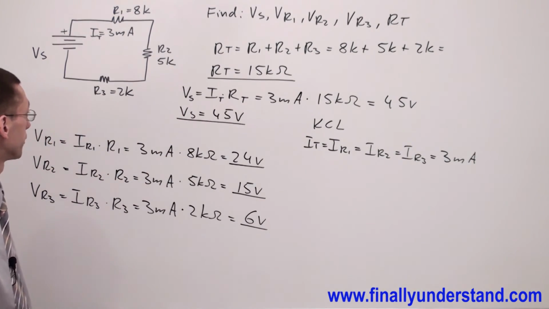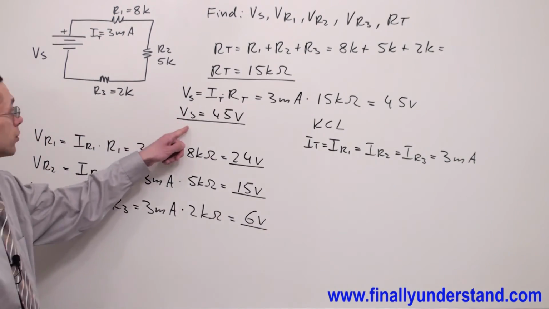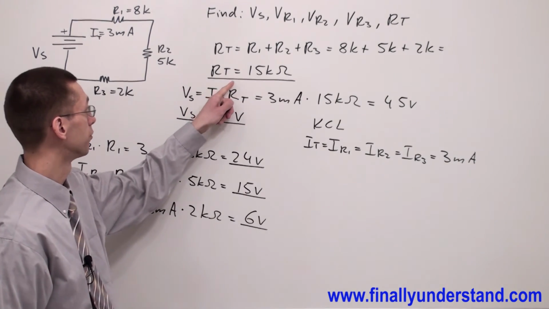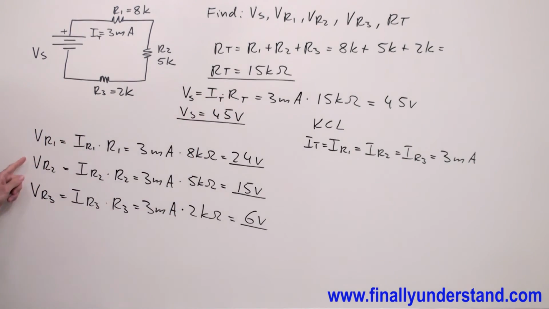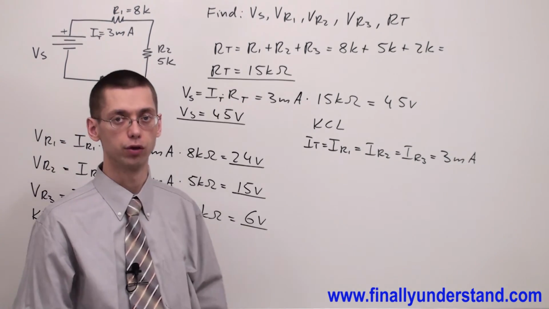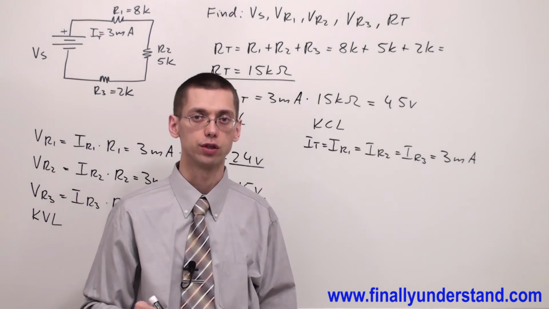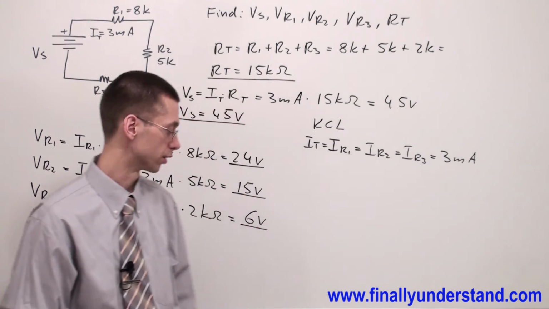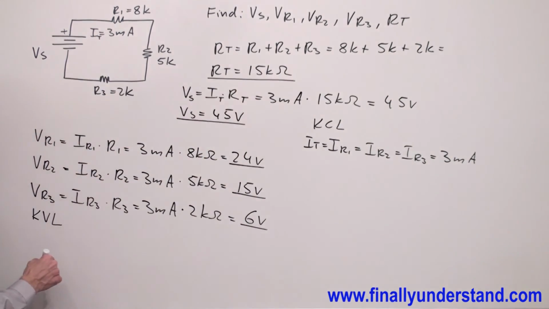We found voltage source, we found R total, we found voltage across each resistor. If you want to check if your answers are correct, we're supposed to use KVL, Kirchhoff voltage law, which says that the sum of the voltages across the resistors in series circuit is going to be equal to the voltage source.